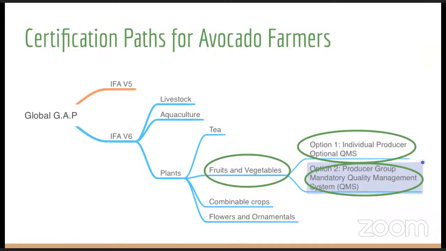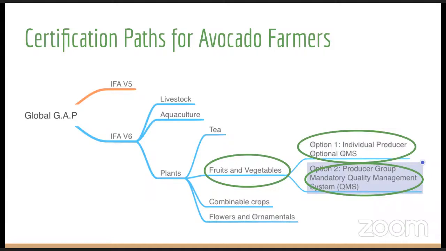If you've got the path, you will navigate that. So what I've done here is just to give us the path, starting from Global Gap, what's in play, and bring it right down to what does it mean for me? What's the option? What are the paths available?